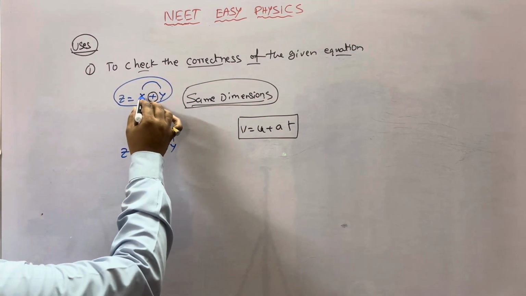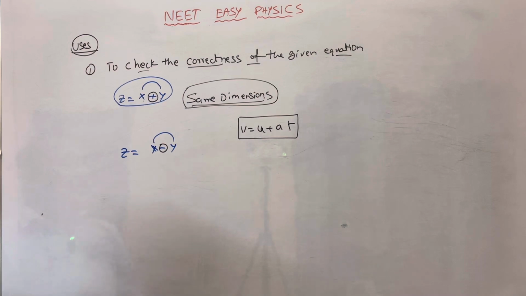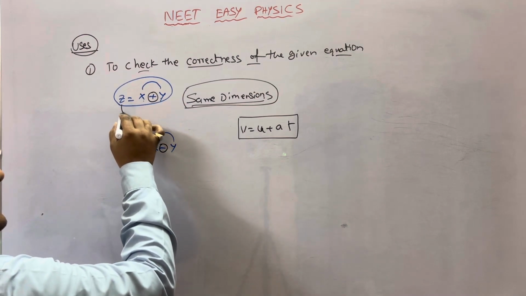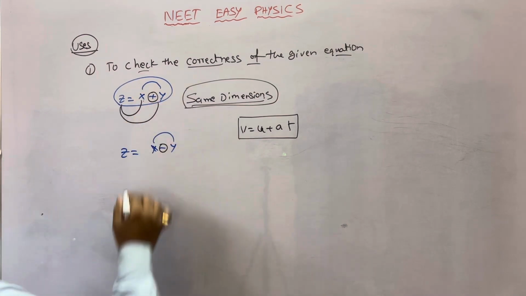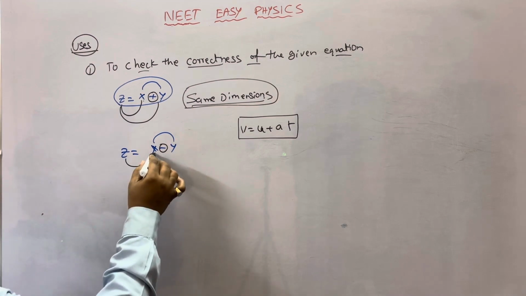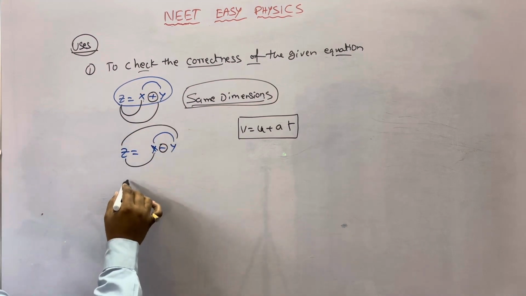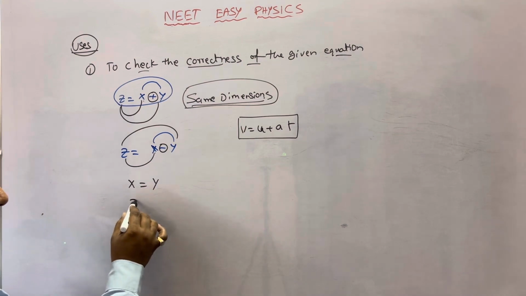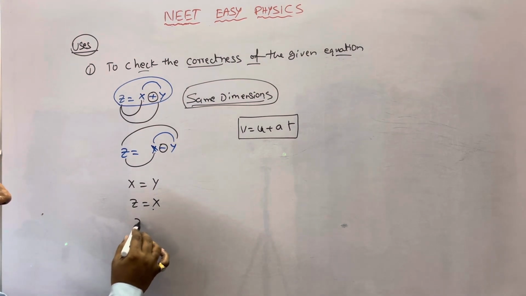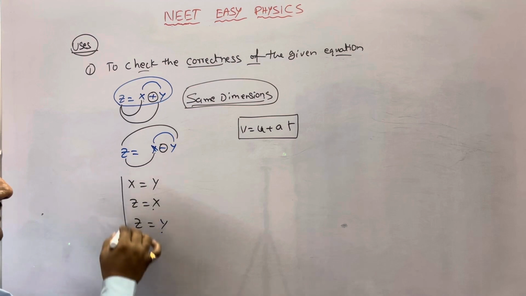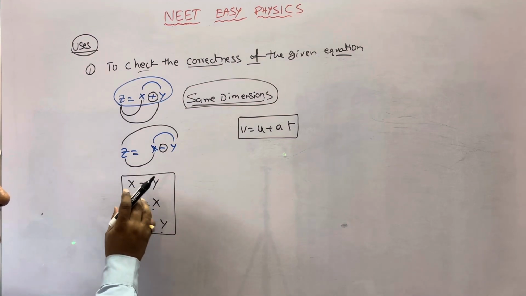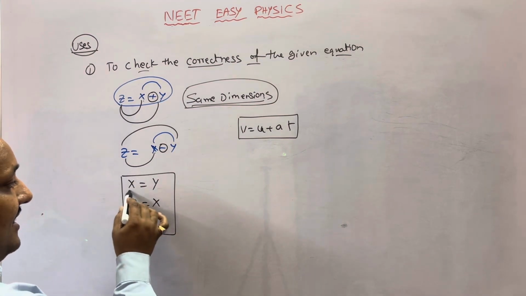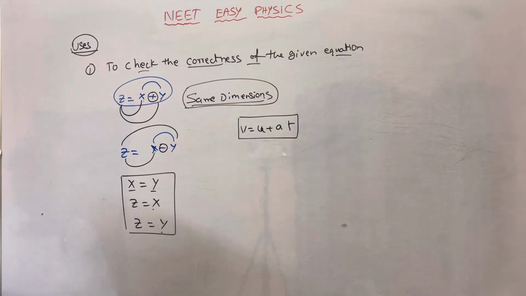Dimensionally x is equal to y, dimensionally z is equal to x, and dimensionally z is also equal to y. I am not saying the physical quantities are the same. I am saying dimensionally those are equal.